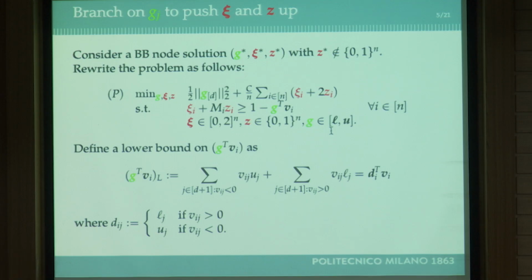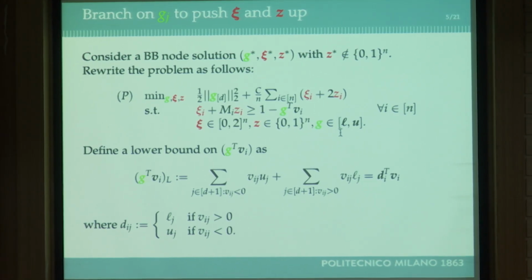The violation is precisely 1 minus G transpose times V. And M itself, the big M on every constraint for every point I, is calculated simply on the right-hand side. All I need is that Mi be exactly the same as the right-hand side.